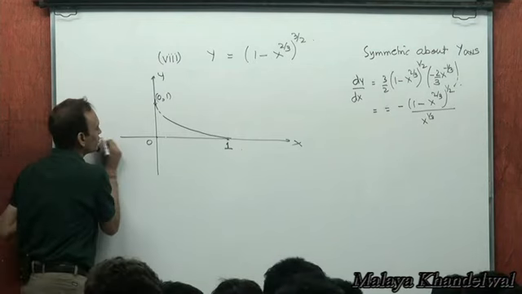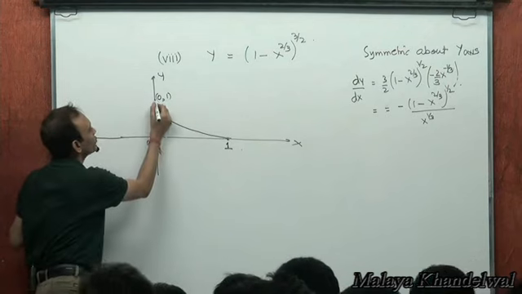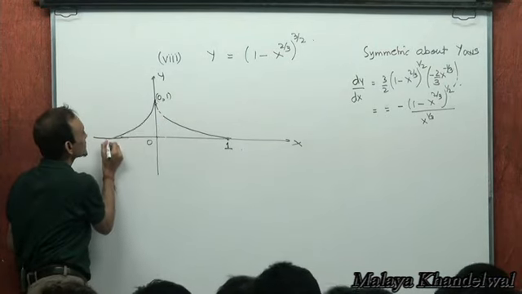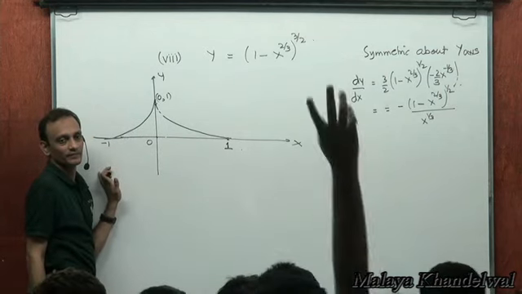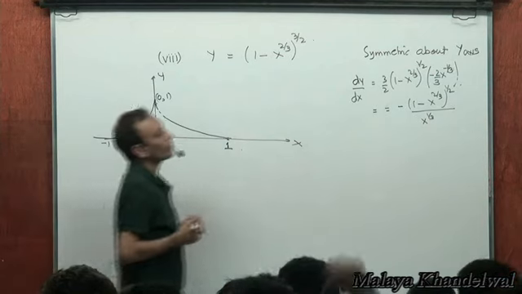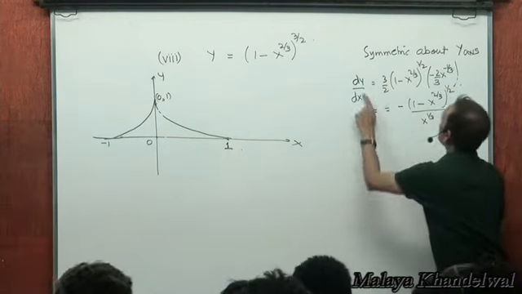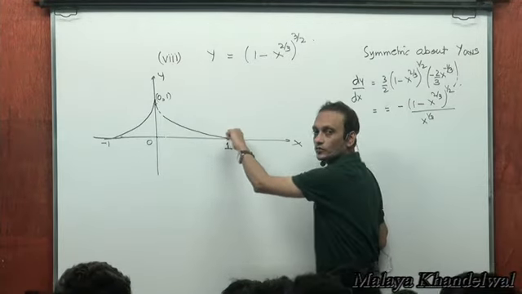And it's symmetric about the y-axis. Why? Because of even powers of x. And therefore you would expect something like this. See, dy/dx is 0 at x equal to 1.